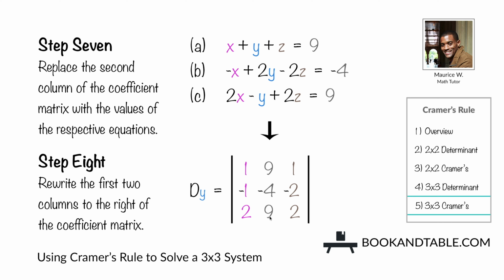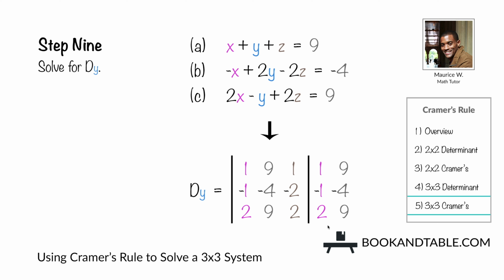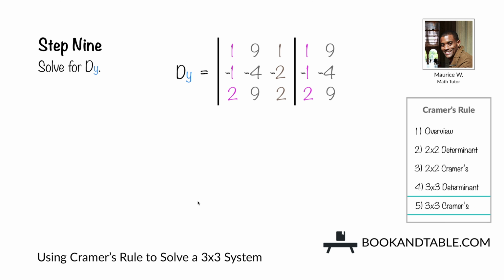And now step 8, rewrite the first 2 columns to the right of the coefficient matrix. So once we complete these 2 steps, we are ready to solve for dy. So we first want to multiply the numbers going down to the right, starting with row 1, column 1, which is positive 1.